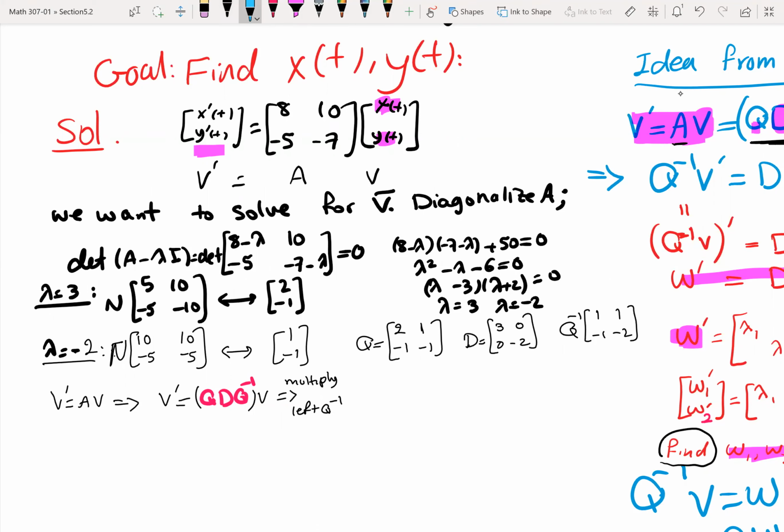So that gives me Q inverse V prime equals Q inverse, then Q, then D, then Q inverse, and then V. These two cancel out, so it gives me what I wrote on the right side: Q inverse V prime is D times Q inverse times V.